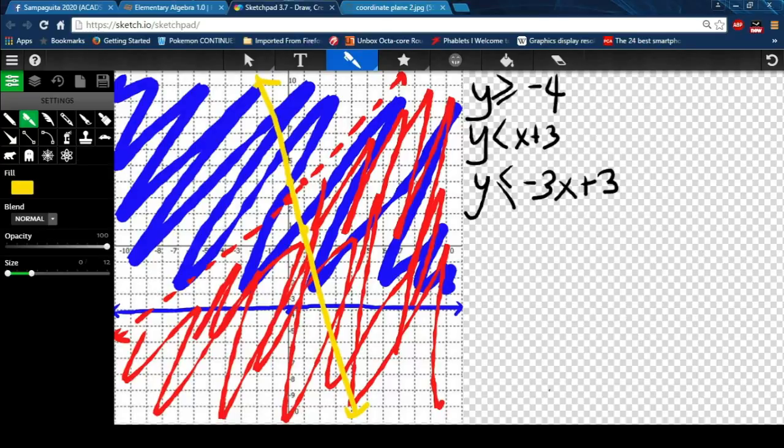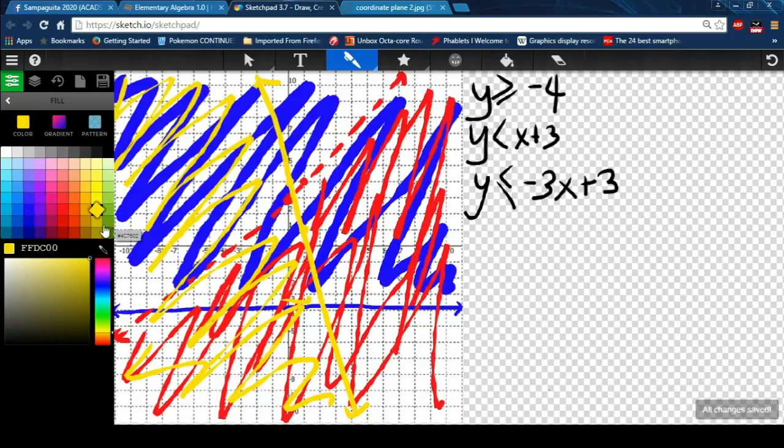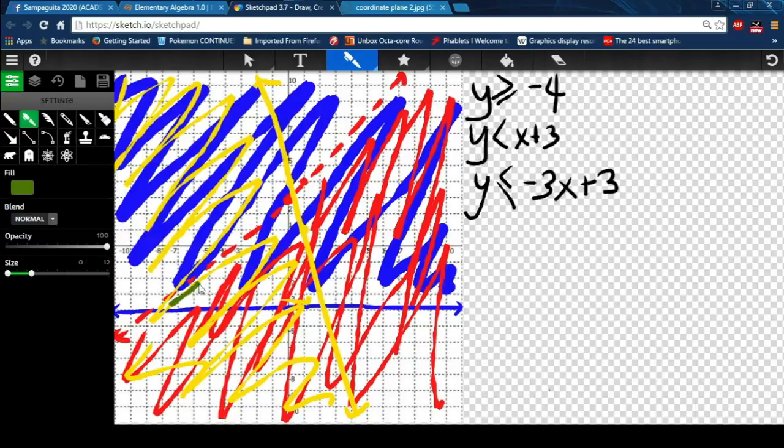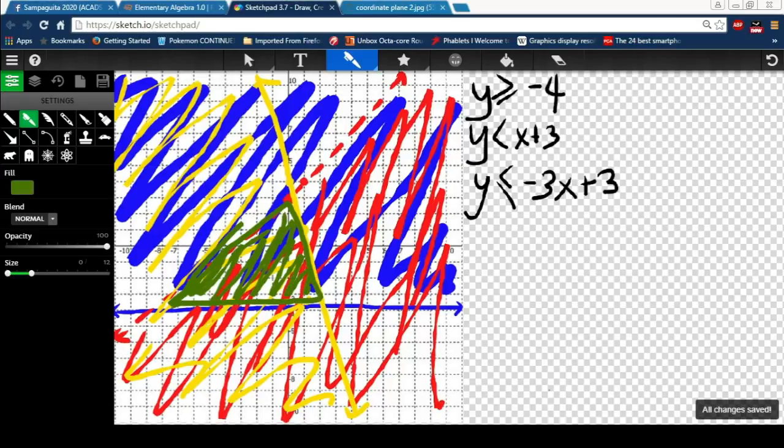So as you can see, there's so many things going on, but all you need is the intersection, which is this triangle right here, and we will use green to highlight the intersection. Alright, so that is the intersection of all three inequalities.